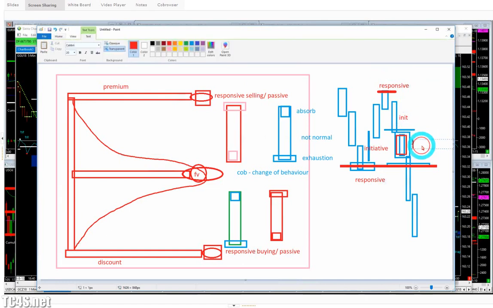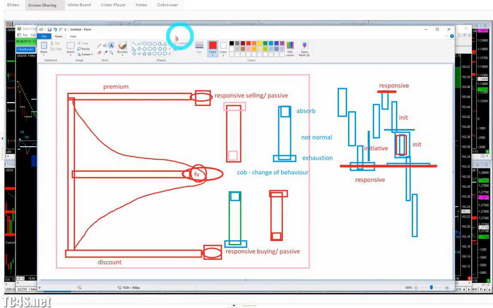That's initiative. And what happens is that when we hit this level, we're starting to expect to see that responsive buying behavior. Instead, we see more initiative selling behavior. See the difference? We start seeing more initiative selling behavior, and that puts a lot of sell side pressure on this level.